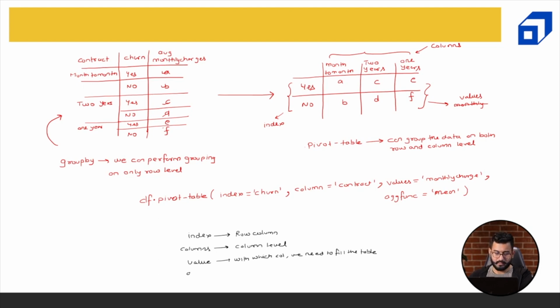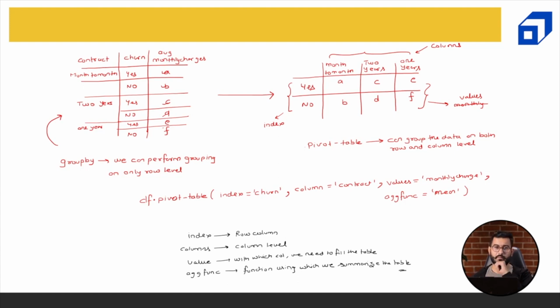And finally the aggregation function: using what aggregation method you want to summarize the table. This is what the pivot table function is.